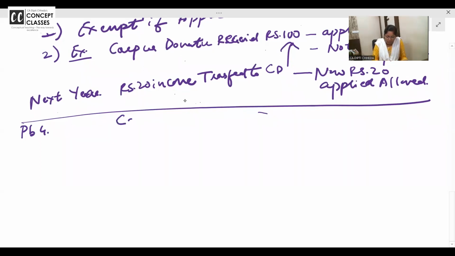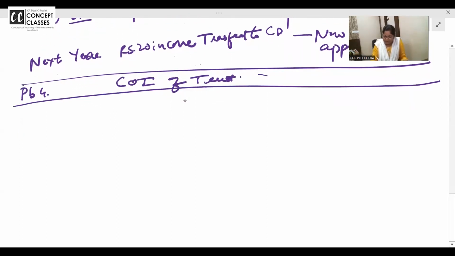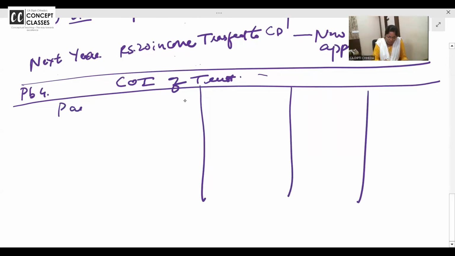Problem number 4, computation of income of a trust. Particulars and 3 cases are given. Make sure you practice it. Case 1, case 2, case 3.